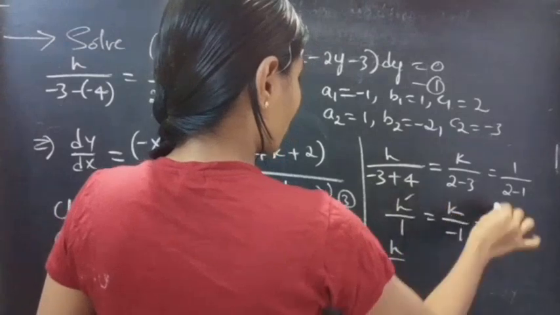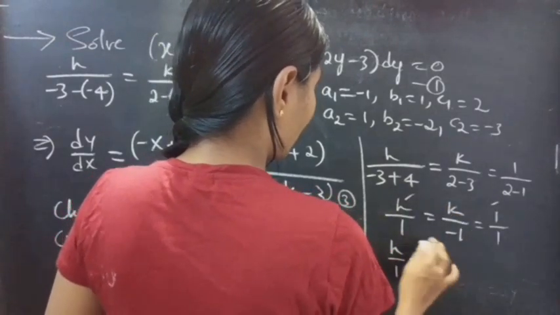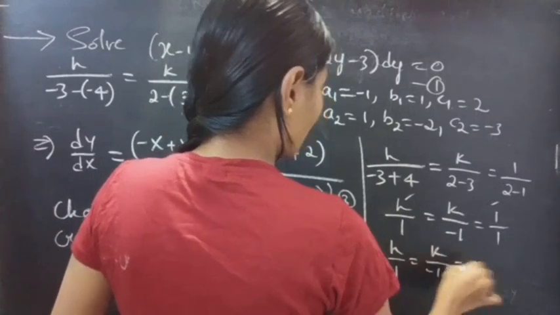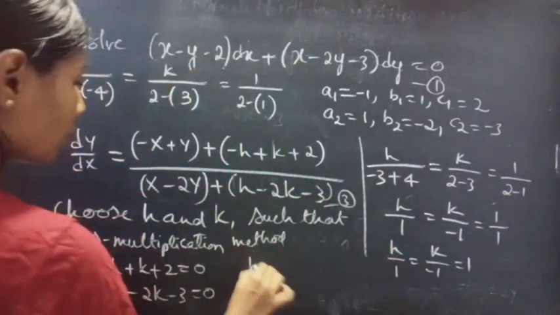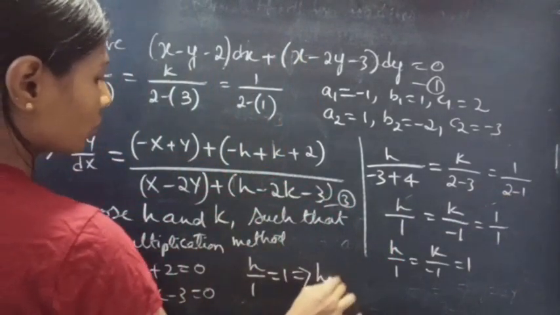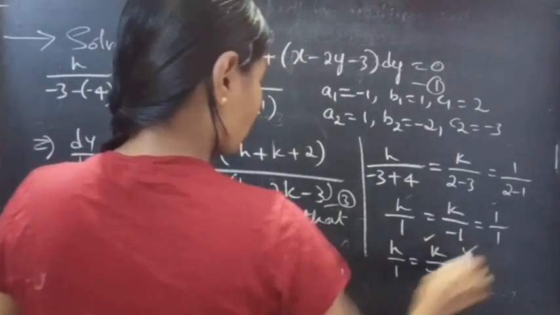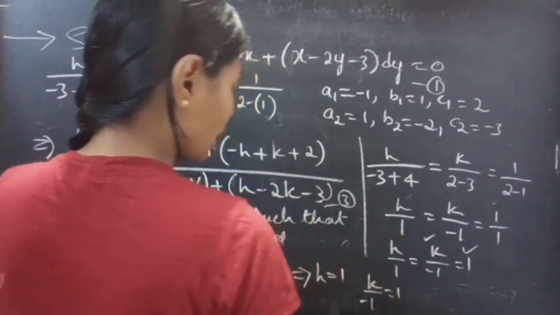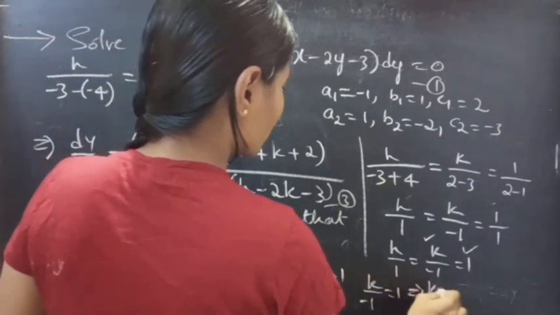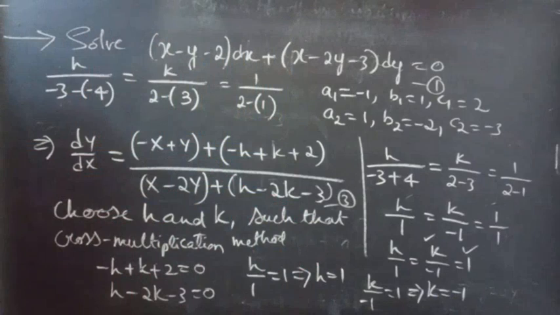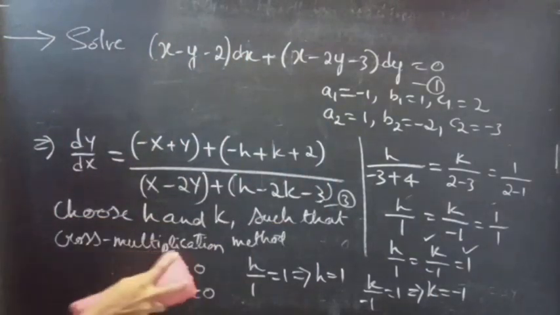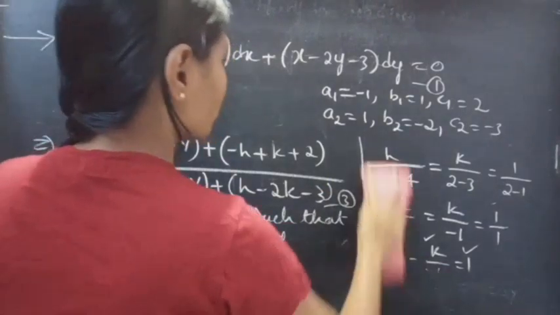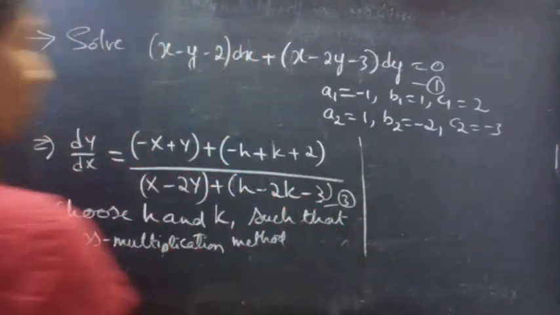Now equate the first and the last one: h by 1 equals 1, so h equals 1. Now equate the middle and the last: k by minus 1 equals 1, so k equals minus 1 into 1, which is minus 1. So we got the values of h and k: h equals 1 and k equals minus 1.